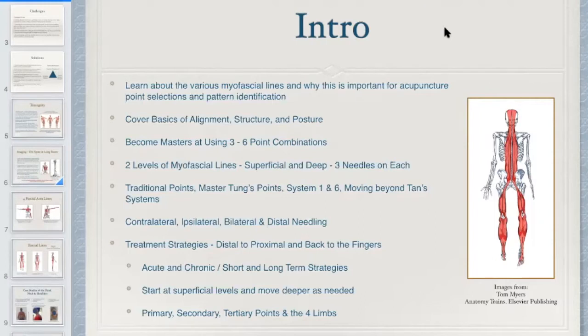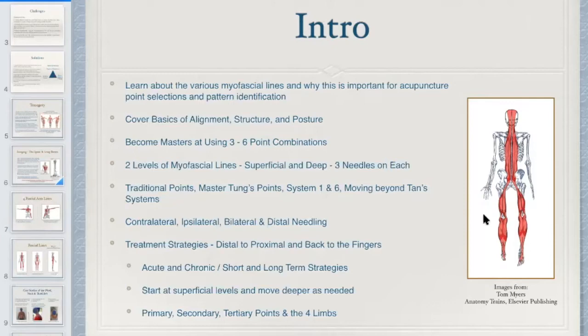So as an introduction, we want to learn about these myofascial lines and why it's important for acupuncturists to understand this. And this is something I reflect on a lot, because if you just look at this quickly and associate it with the meridians, you can miss a lot of things. In our training as acupuncturists, we spend so much time learning point locations and needle techniques and these things.